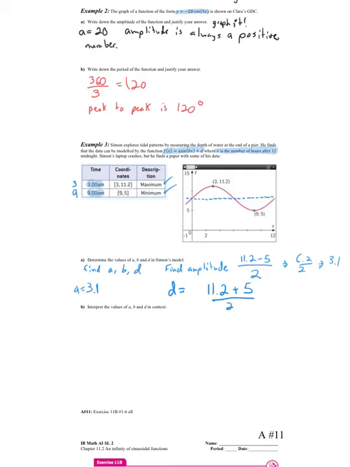Add them together and divide by 2. So 11.2 plus 5 is 16.2. Divide by 2, and you get 8.1. So your midline's at 8.1. Which makes sense because the amplitude is 3.1 and the minimum's a 5. So if I did 8.1 minus 3.1, I would get 5. Once I have the amplitude, I could also just add 3.1 to the minimum value and find that midline as well. So there's a couple ways to do that. So D equals 8.1.